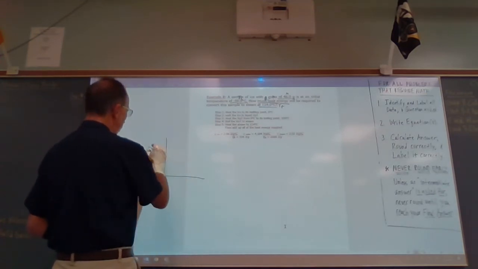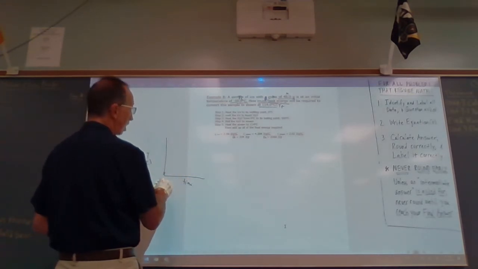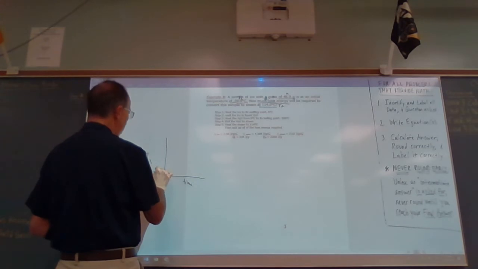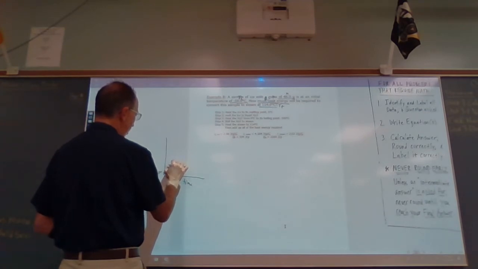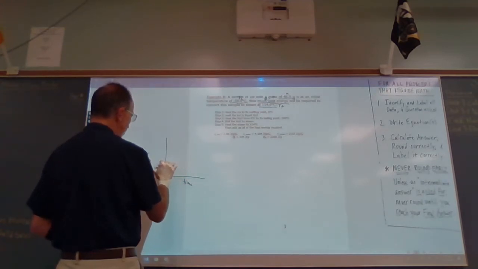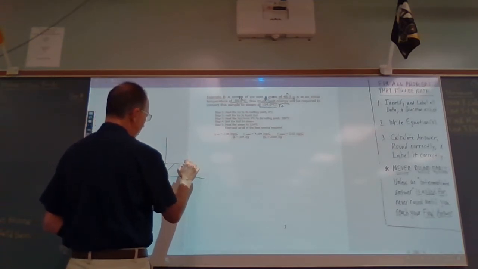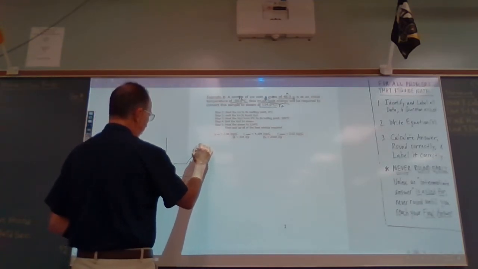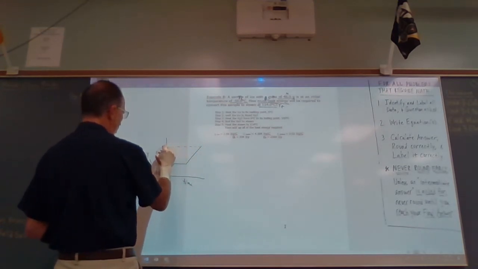So we're starting, let's see, T in Celsius and time. We're starting way down here at minus 58.0. So we're going to run it up to the melting point of ice, which is 0. Then we're going to melt it, and we're going to run it through the liquid phase, which will end when the water boils or vaporizes at 100.